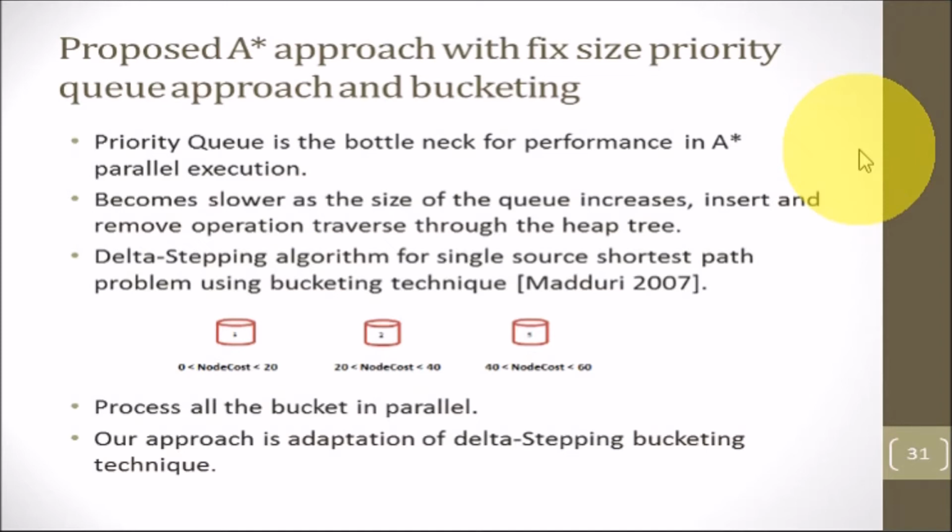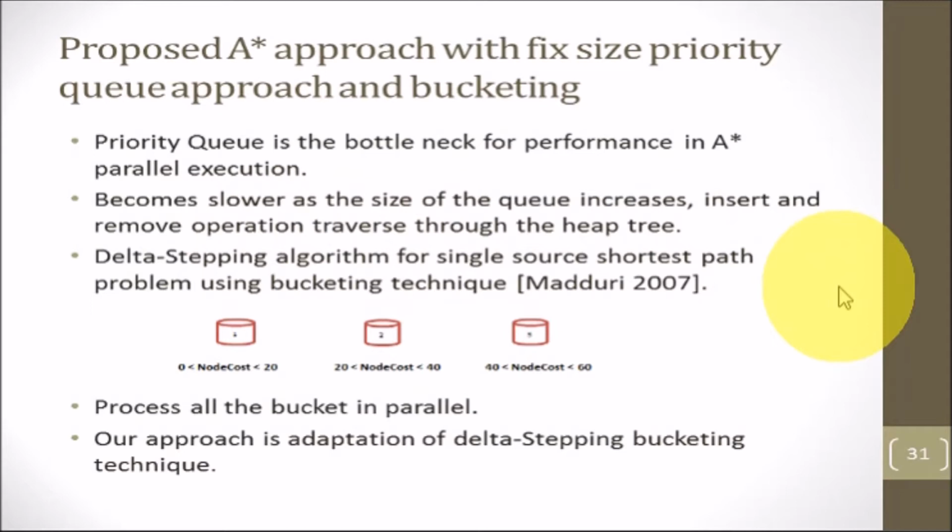So I have been reading some papers where different approaches are used to avoid using a priority queue or make efficient use of it, instead of making it longer and longer by inserting the nodes at each point in the A star algorithm. As the algorithm progresses, the size of the queue increases and the insert and remove operations travel through the heap tree, and it takes a longer time.